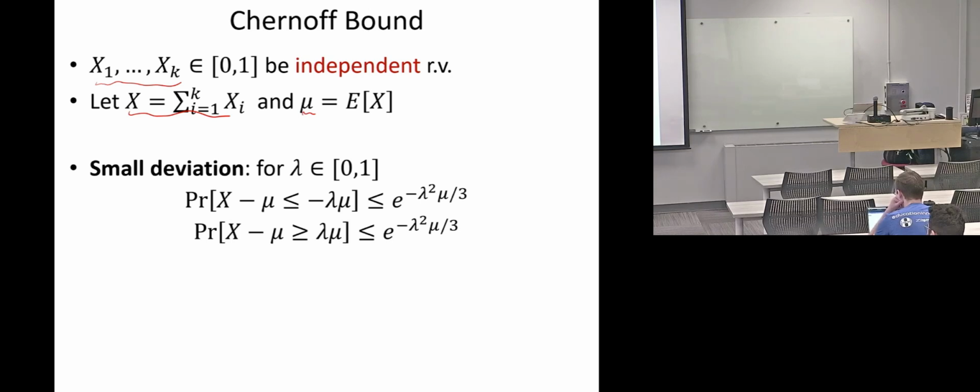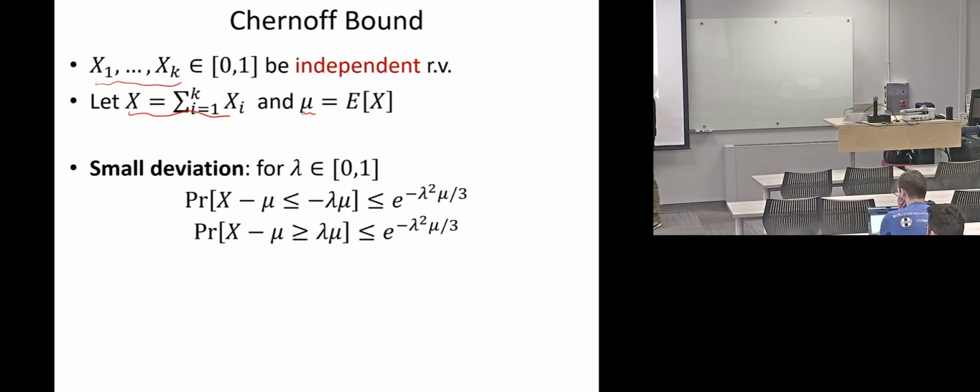Think of lambda as 0.1 maybe. The probability that x deviates below the mean by 0.1 of the mean is exponentially small. This is a constant times the mean. So if you think of mu from the last example, n over 2, this is exponential in n.